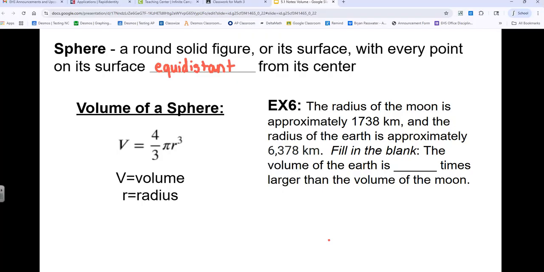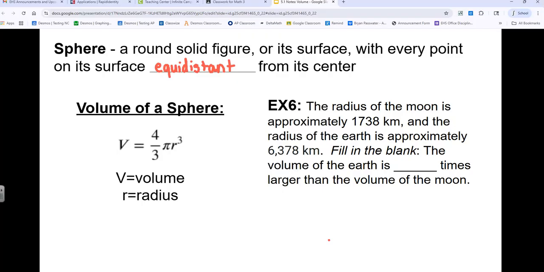But we are looking at the radius right here. What is it asking us to compare? The volume, right? The volume of the planet, not the radii of the planets. So if I want to do this, I need to actually find the volume of each one of these, right?